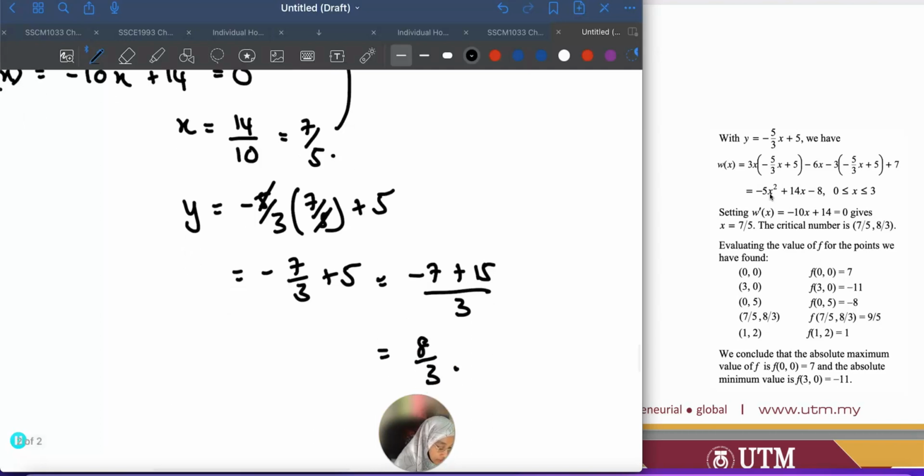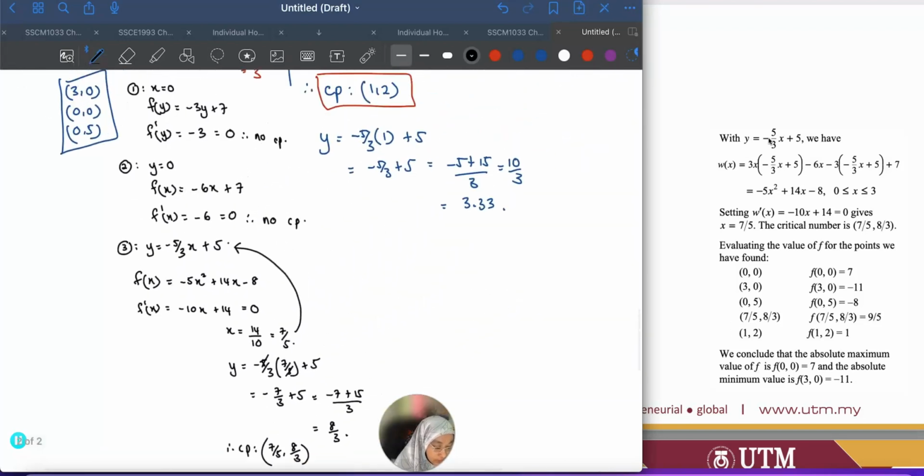So the critical point at this line is 7 over 5, 8 over 3. Okay, so this is another point that you have to take into account.